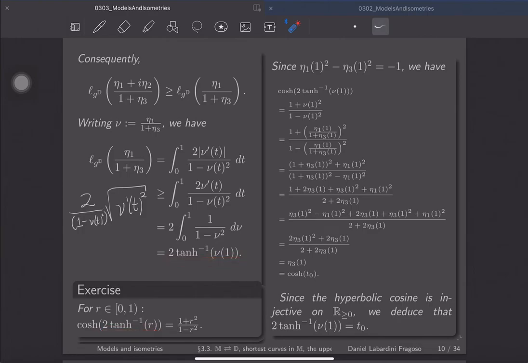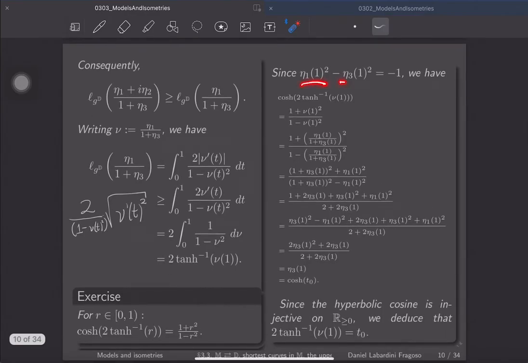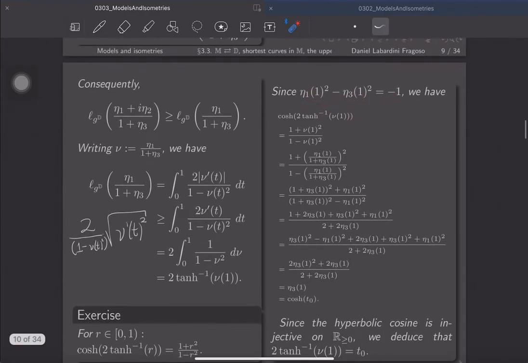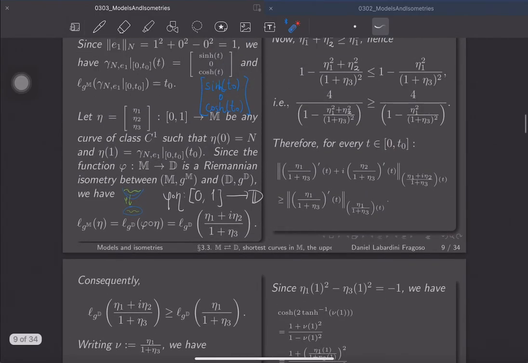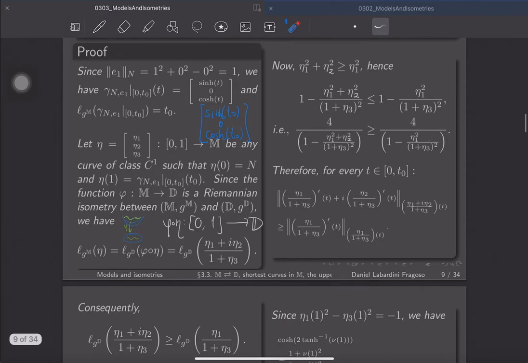Now, of course, I have this square minus this square equal to -1. Where does this come from? It comes from the fact, you see here, it's only with etas. So what I have is, let me think. Because what I have is eta 1 square plus eta 2 square minus eta 3 square equal to -1.